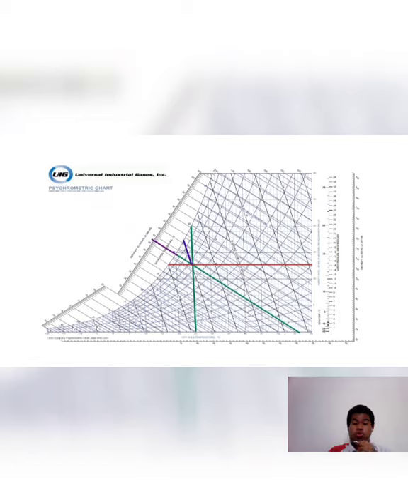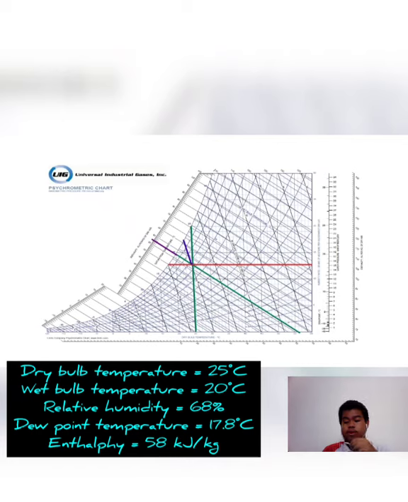So we go through the solution of question 1. So that is the diagram of the psychrometric chart. So we can conclude from that chart. The given information from the question is dry bulb temperature, which is 25 degrees Celsius, and wet bulb temperature, which is 20 degrees Celsius.